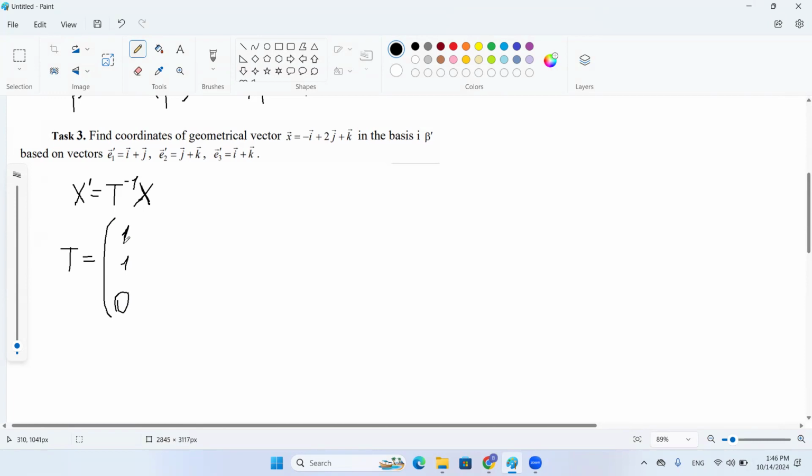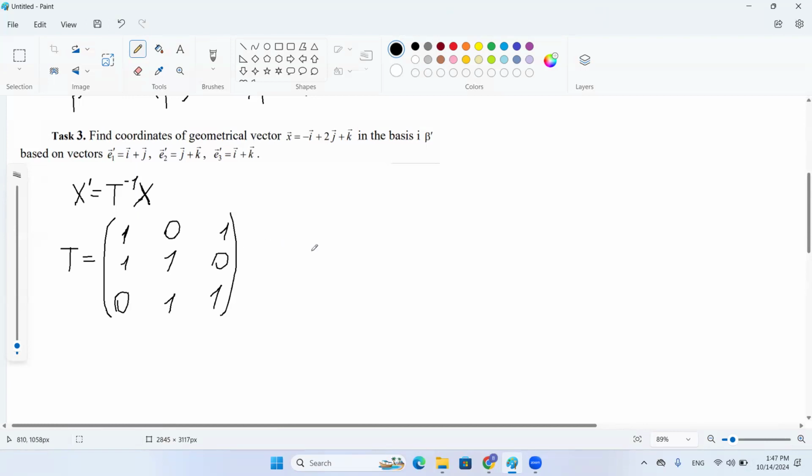Yeah, but you said something about adding, subtraction. So maybe I didn't understand you correctly. Okay, but never mind. It's good that you understand how to build it. So the second column: 0, 1, 1, and the third: 1, 0, 1.